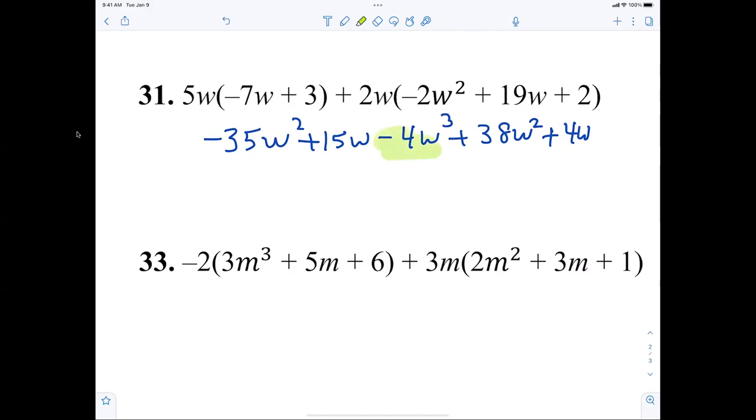Hold on a minute. We only have a W cubed, right? There's only one of them. So we're going to write that first, negative 4 W cubed, plus 3 W squared plus 19 W. How are we getting 3? Negative 35 plus 38, isn't that 3? I think I got it.